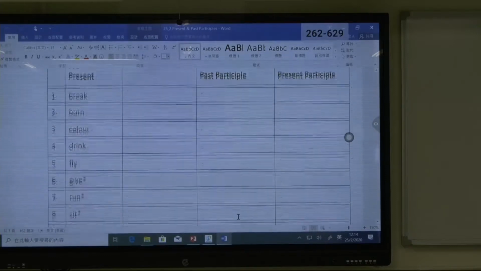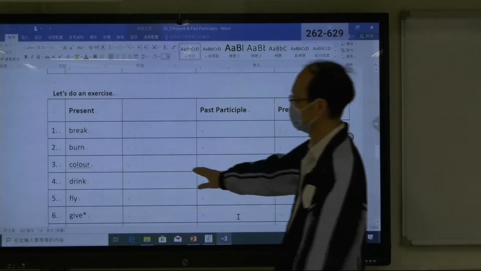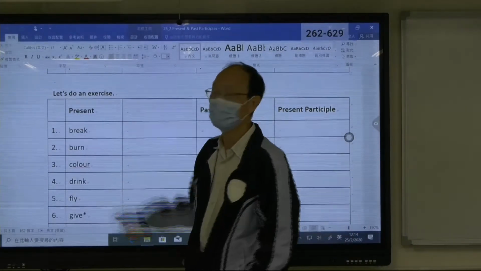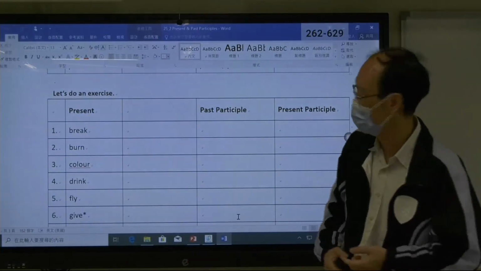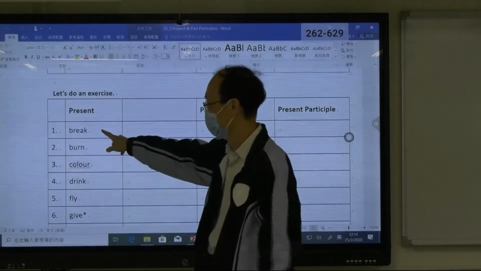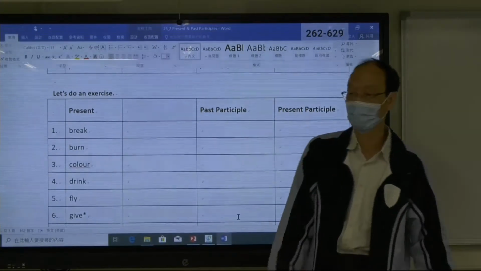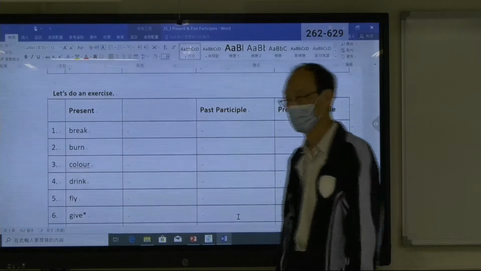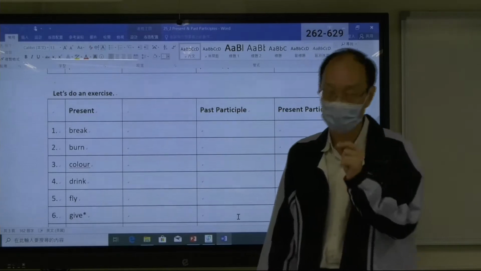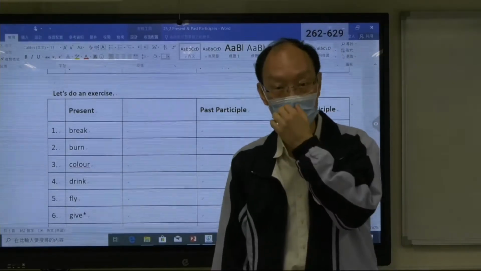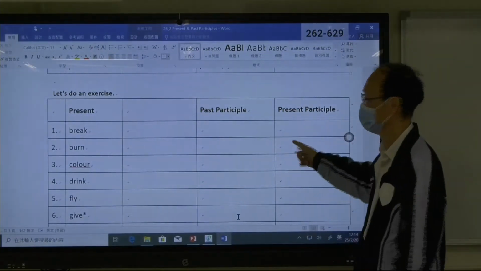So let's do an exercise. I mentioned some verbs above, and here we have wait, burn, power, drink, fly, give, like this. For example, present participle. You remember what we add in this column? ing. So it's very easy.